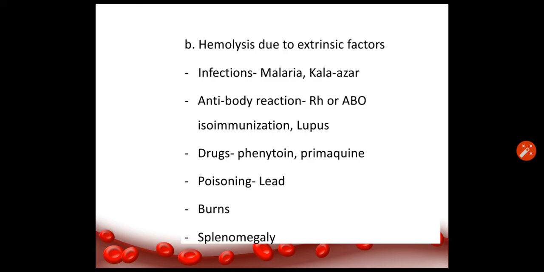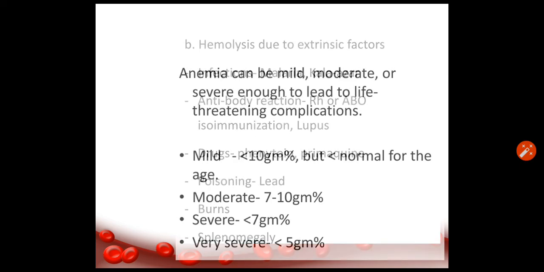Next is poisoning, that is lead poisoning. Especially in children, there is increased risk of getting lead poisoning, burns and splenomegaly. So these are the extrinsic factors that result in hemolysis and lead to anemia. So this is the first classification of anemia based on the etiological factors and the morphology.